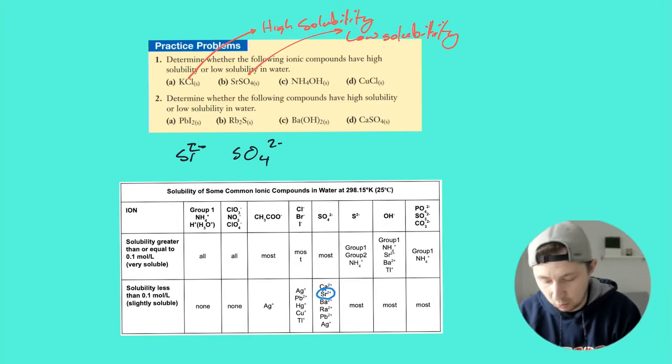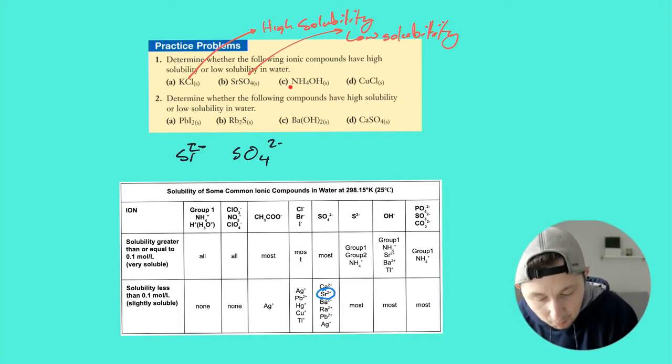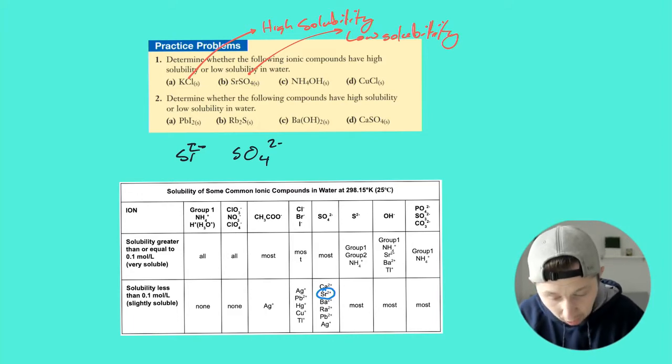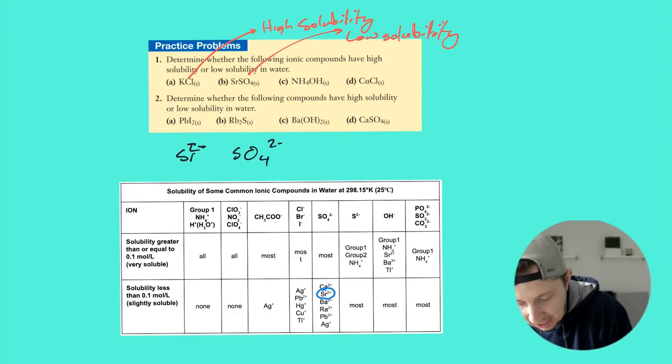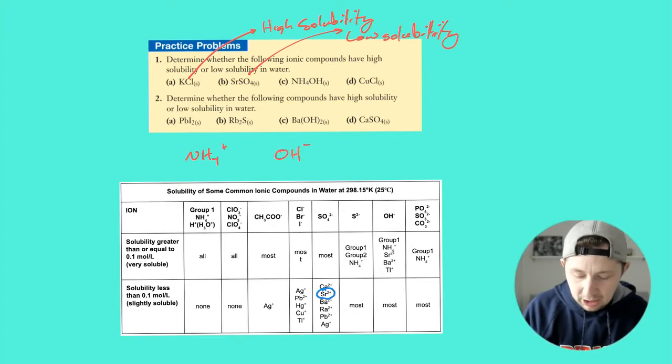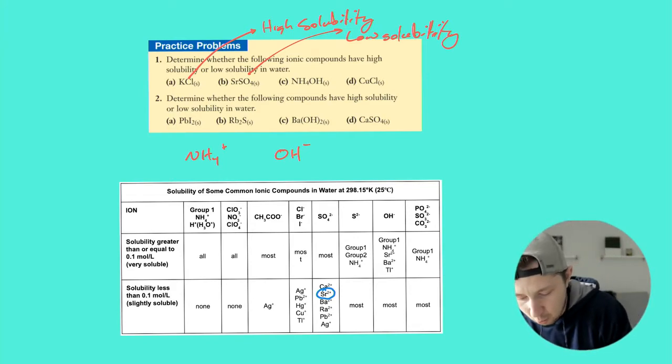All right, let's try this next one. So now we're going with this guy, ammonium hydroxide, NH4+, OH-. Ready? Pause now. All right, so let's do the math on this guy here. Let's see what we got. So we've got NH4, which exists as a plus, and we've got OH minus. With this one, we can look at both the NH4 plus ion and the OH minus ion.